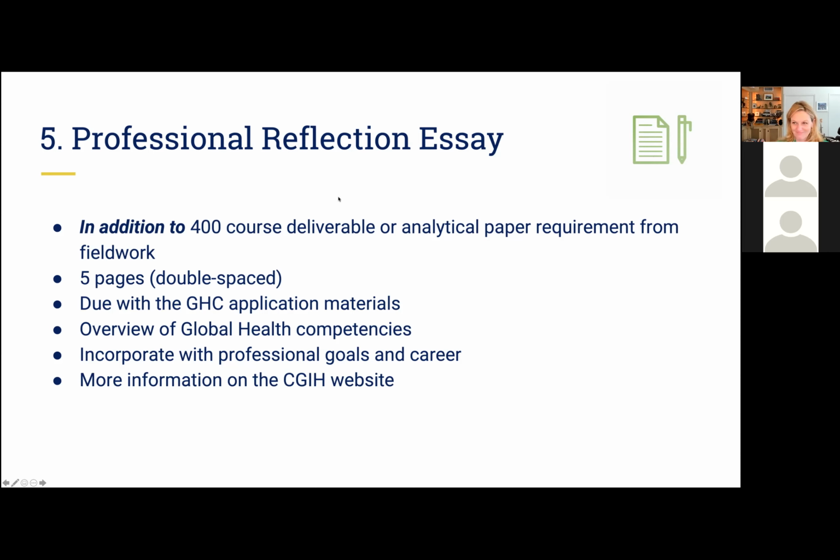And Cindy and I do our best to post on the CGIH listserv. For all of you, you should sign up for that as well. We post not only our own CGIH sponsored seminars, like the one with Dr. Dalu Mukadi that's coming up, and our COVID conversation series, but also several other departmental talks around the UCLA community that are of interest to global health workers and to people interested in global health.